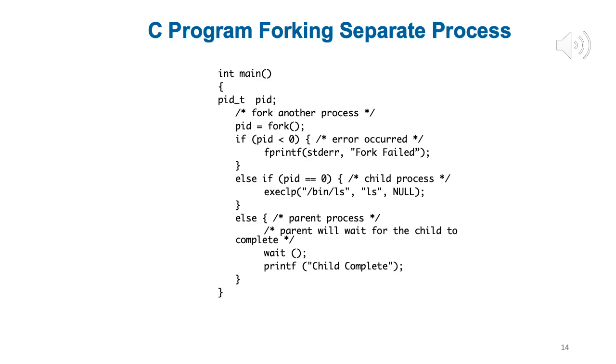We know that fork will return different values to the parent and the child, and depending on that, for the child we execute the exec command to make it run ls, and for the parent we just wait for the child and then print child complete. I hope this program is clear. We will also illustrate it in the live session.